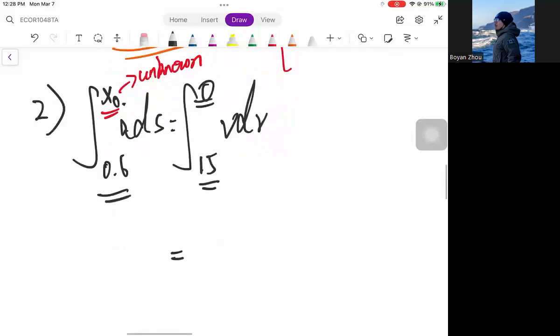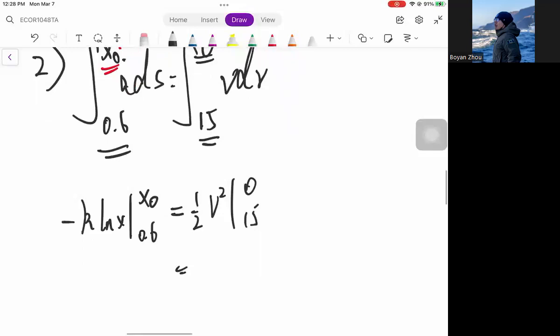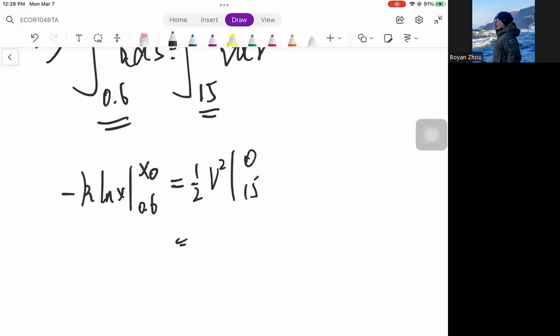So on the right hand side, it's just the same thing again: half v squared, evaluating from 15 to 0. And on the left hand side, also the same thing, ln x from 0.6 to x naught. On the right hand side, putting the 0 into v, it's going to be 0. So eventually it's going to be negative 112.5.